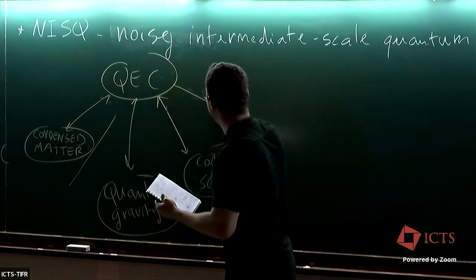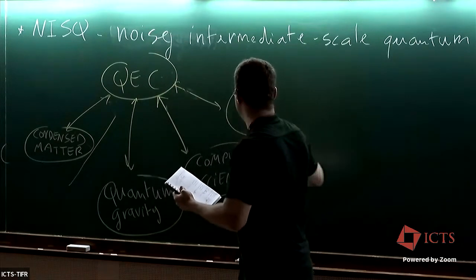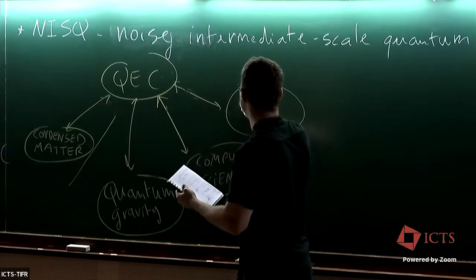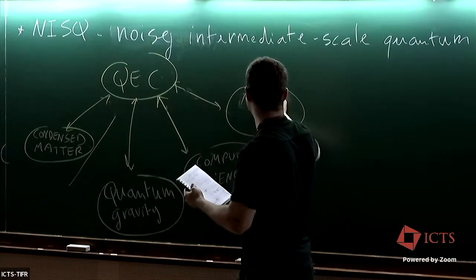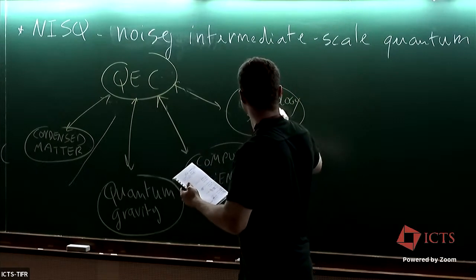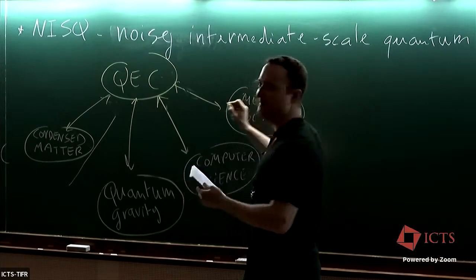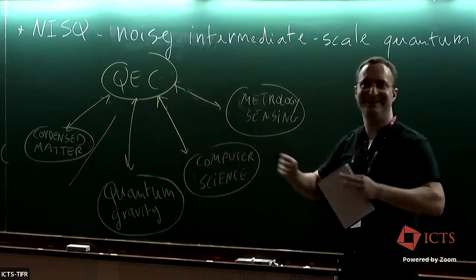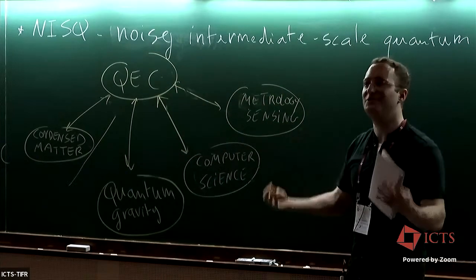And a bit more in the applied sense, people have proposed ideas to improve metrology and sensing using quantum error correcting codes. And maybe one of you can think of another parallel, but I think it's already clear that we're talking about something very interdisciplinary here.